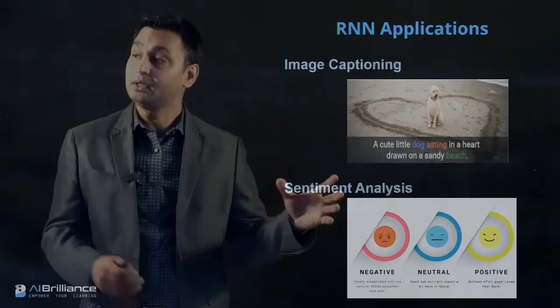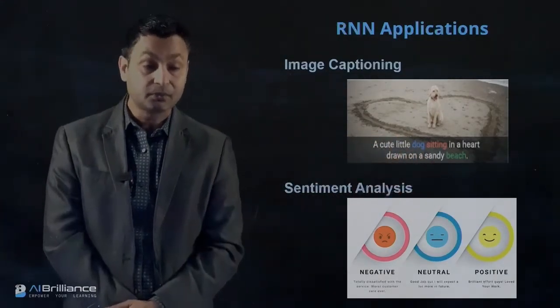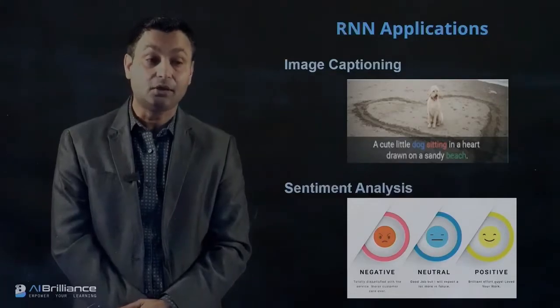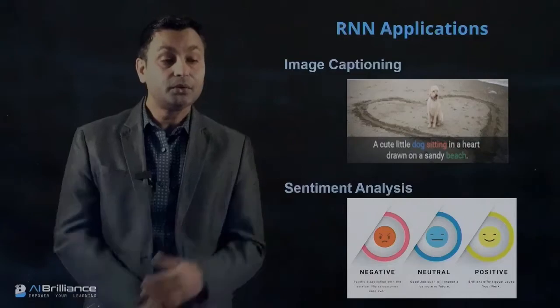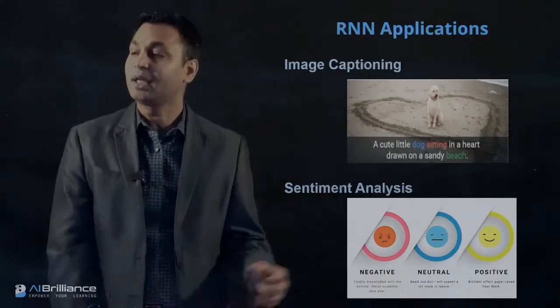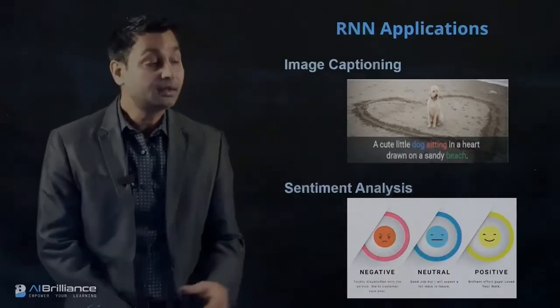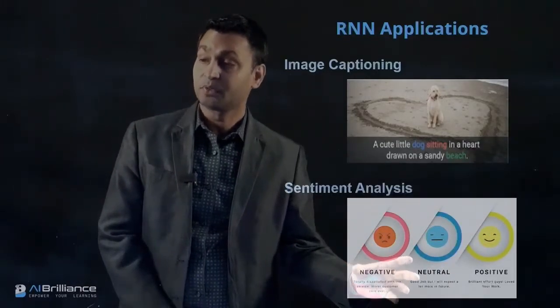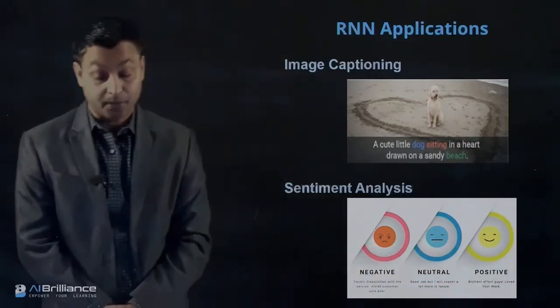So it's a large sequence of words, and each review might be of a different length, and each sentence in each review might be of a different length. But what you need to do is use that information and process it into a single output: whether the review was negative, neutral, or positive.